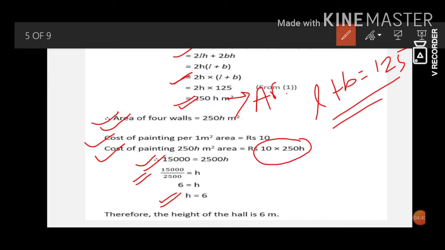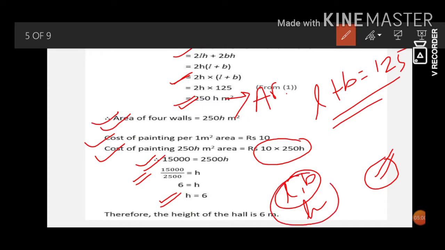So in this question, the last part, that is the cost, is given, but the initial part where L, B and H are to be given is not provided. So we have to assume a few things and use the given content in the question and then proceed forward.